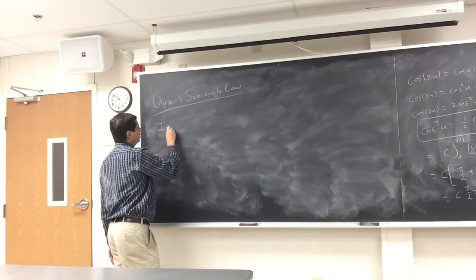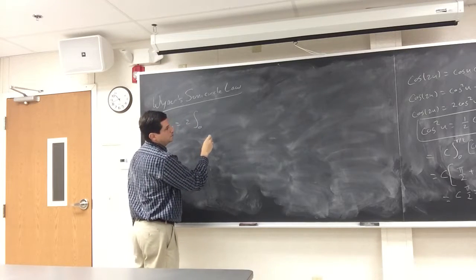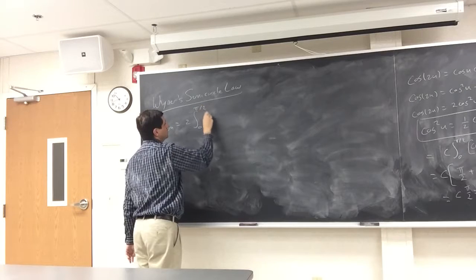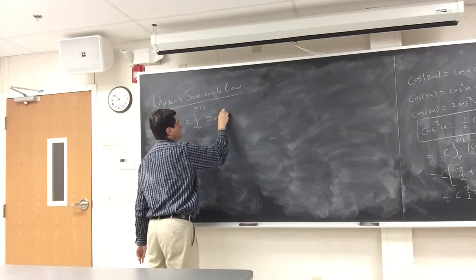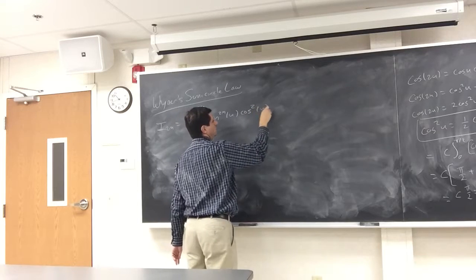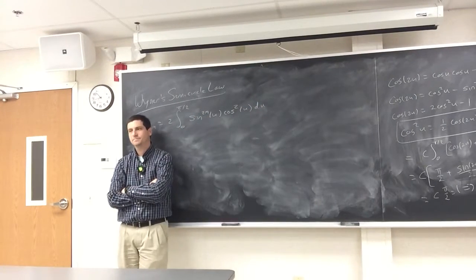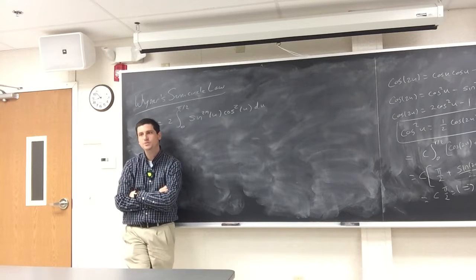So we'll call I2m is 2 integral from 0 to pi halves sine to the 2m u cosine squared of u du. There is a way to do this without too much pain. What technique? It's not going to be trigonometric substitution because we've already done it. Parts.